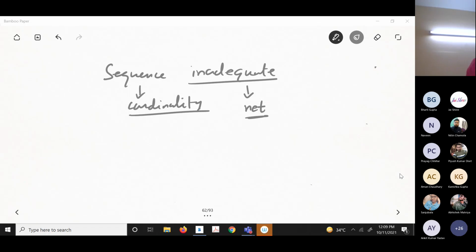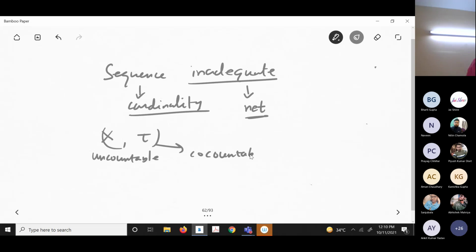Now look, counterexample. Here is why it is wrong: a sequence initially will be countable. That may be countably infinite, so it may not be finite. So you are taking X an uncountable set, and this topology tau is co-countable.